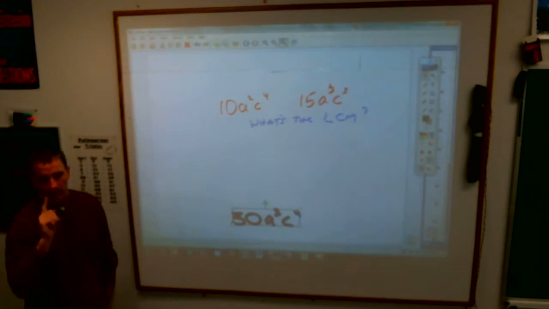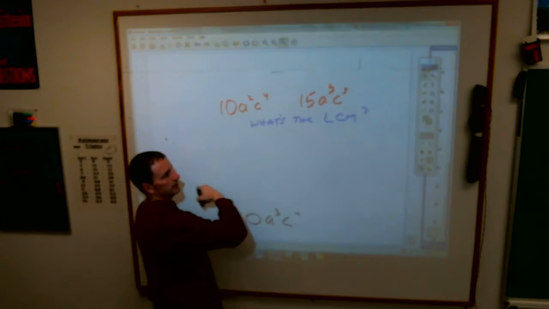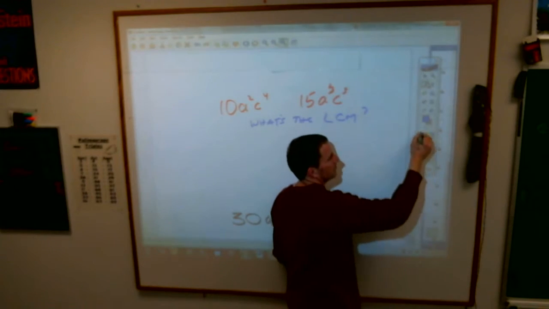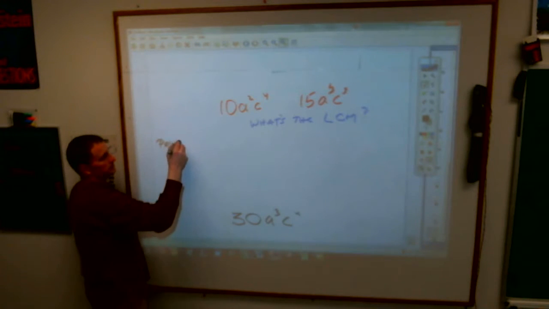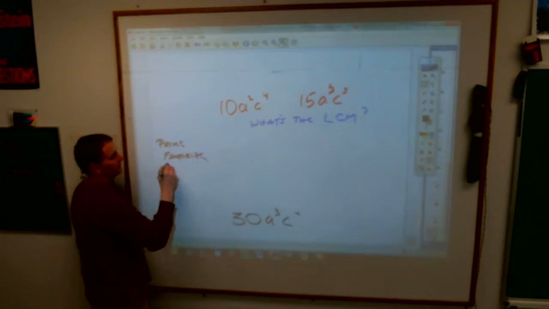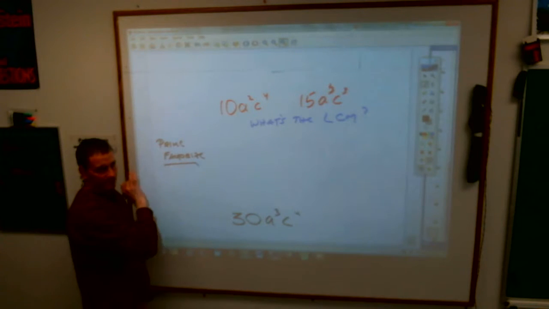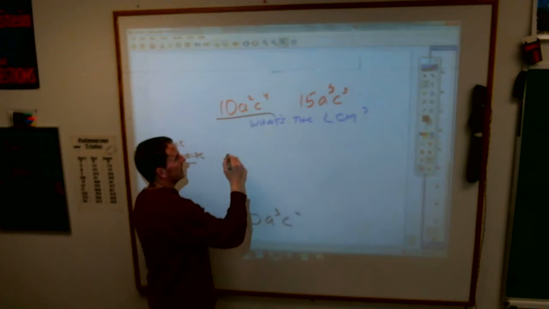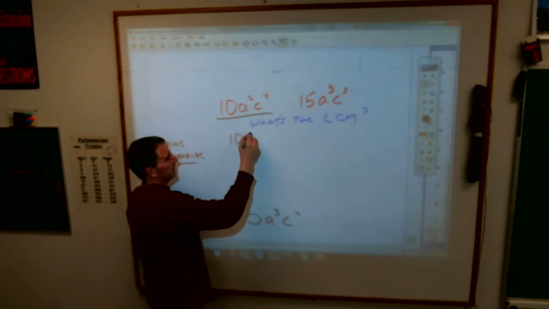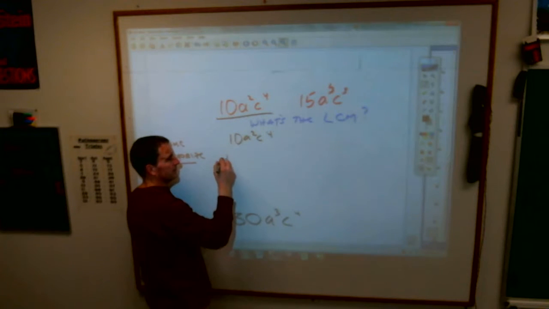Okay. Here's what you need to do. Step number 1: prime factorize both numbers. Again, if you don't get what we just did, you may get it after we do this, and eventually you won't have to do this because it'll be a no-brainer. So if I prime factorize 10a squared c to the fourth, what times what gives me 10? 2 times 5, right?